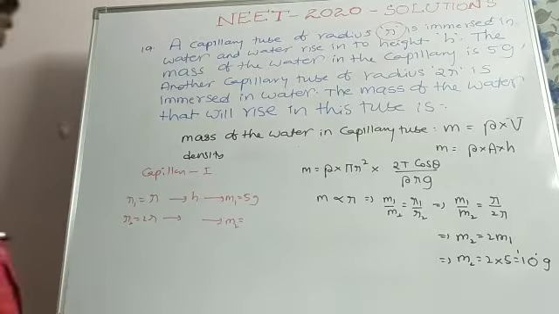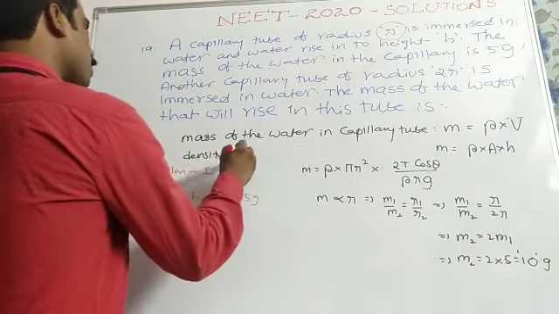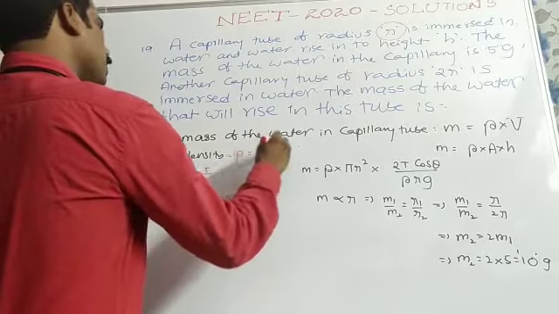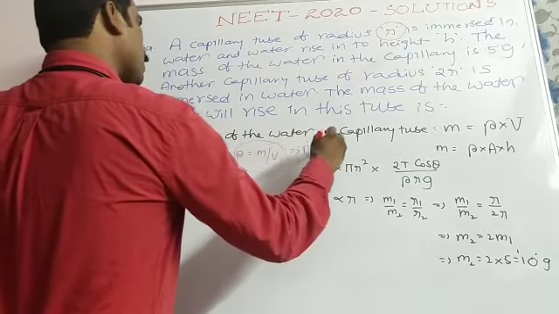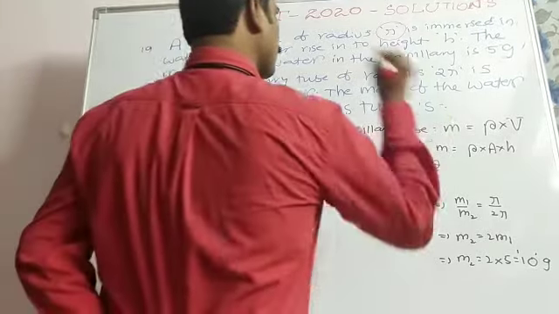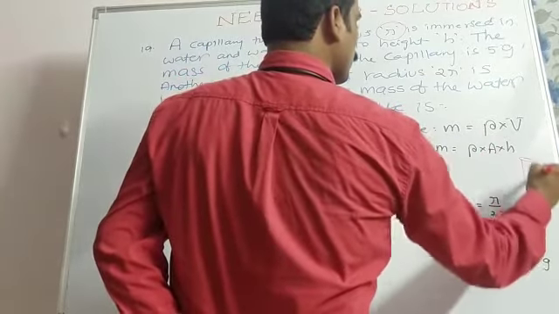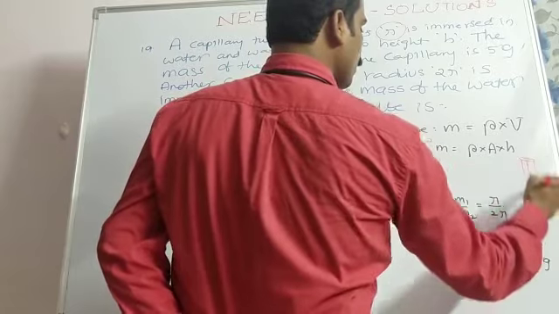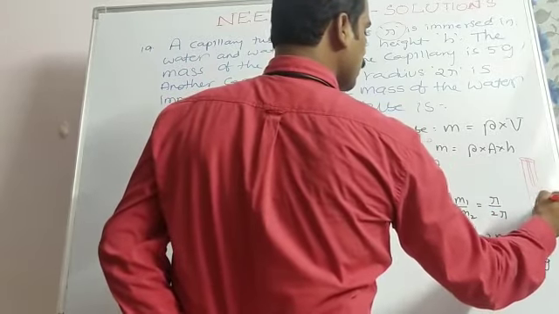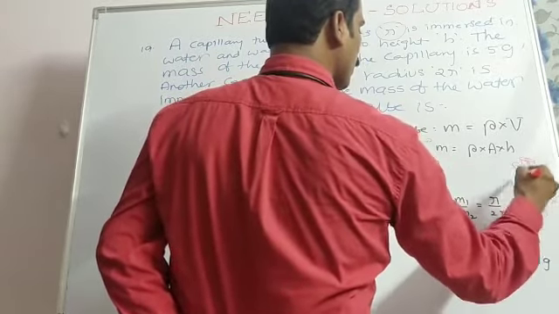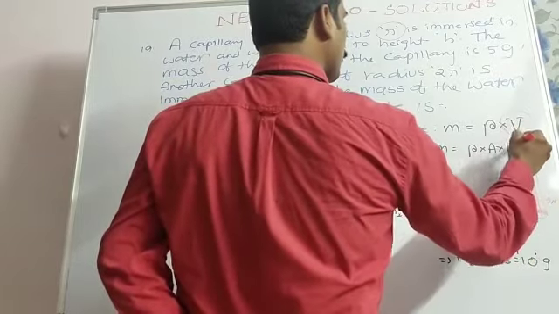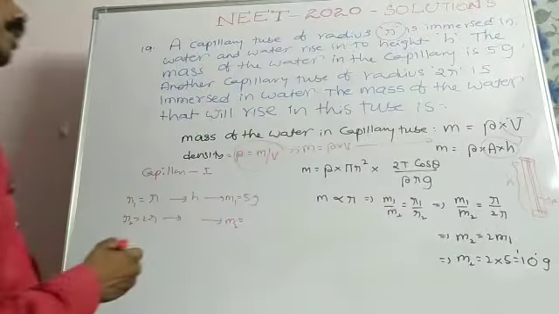Mass of the water can be written as, say, density rho is equal to mass by volume. That implies mass is equal to density into volume. Here we have the capillary tube of uniform cross-section, so instead of volume we take area into height.